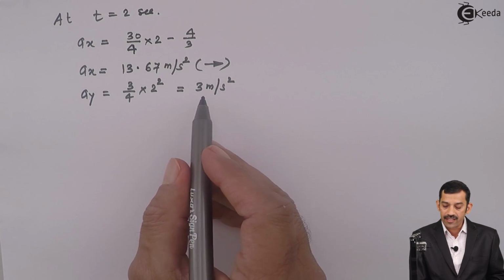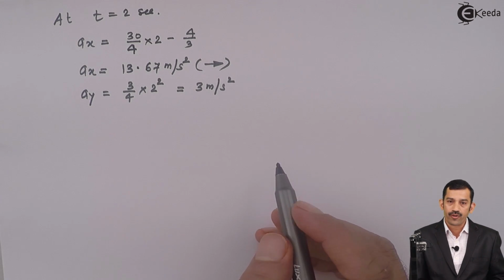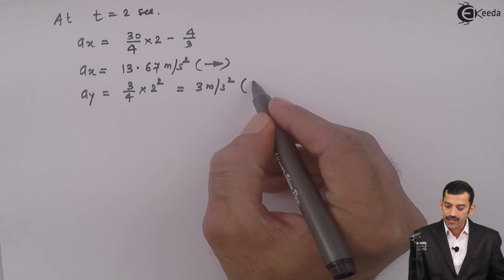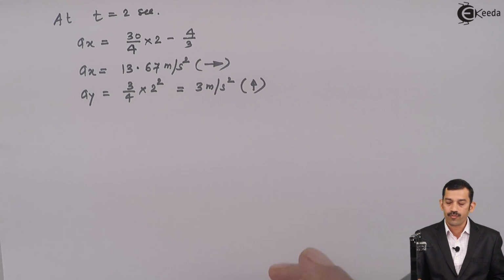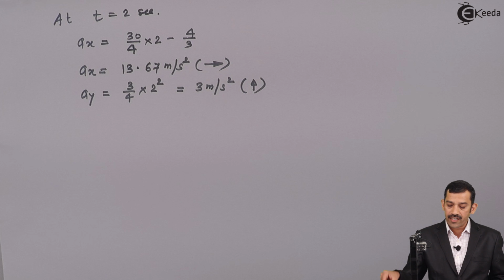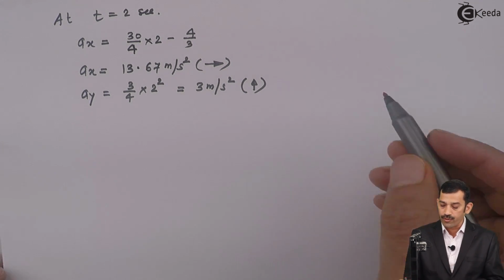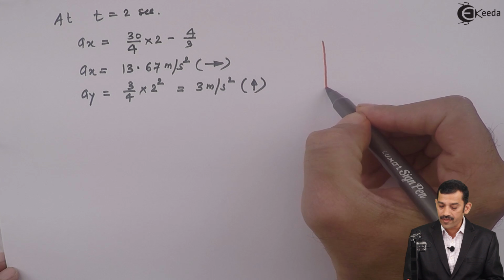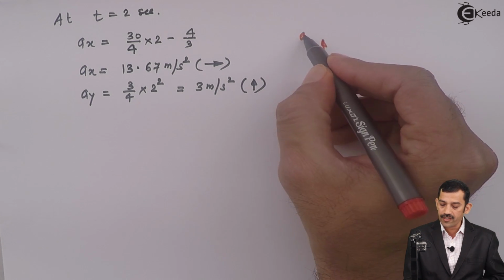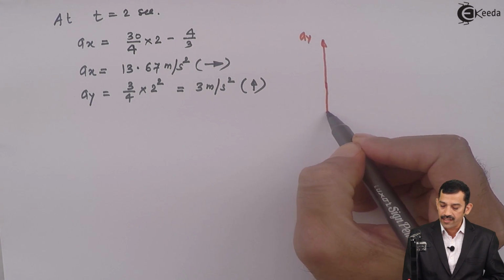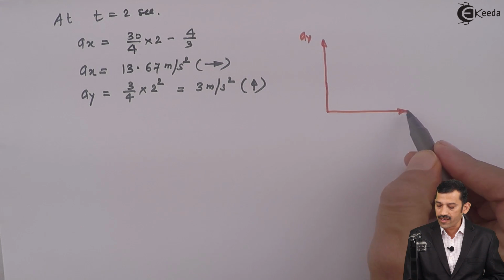Now as this is 3 meter per second square and Ay is positive, that means the direction of Ay is upward. Now Ax and Ay directions you know, therefore we will represent graphically Ay upward, this is Ay. Ax is in the rightward direction, this is Ax.